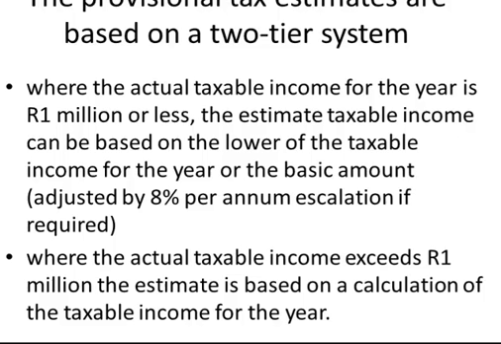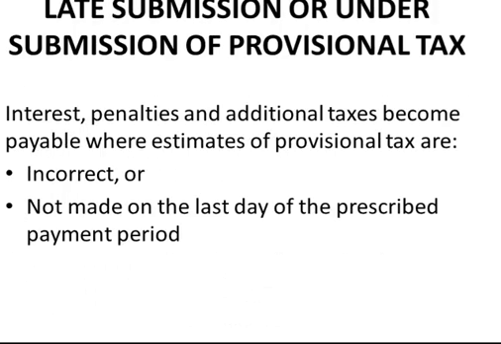The estimate can be based on the lower of the taxable income for the year or a basic amount. Where the actual taxable income exceeds R1 million, the estimate is based on a calculation of the taxable income for the year.